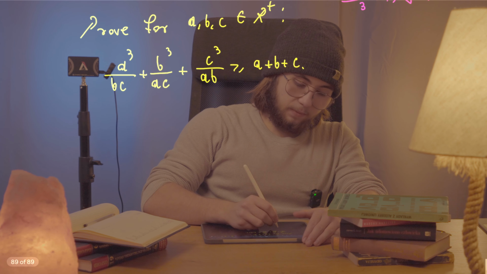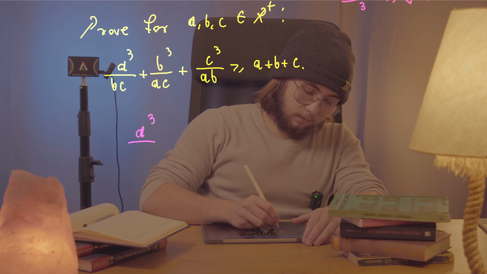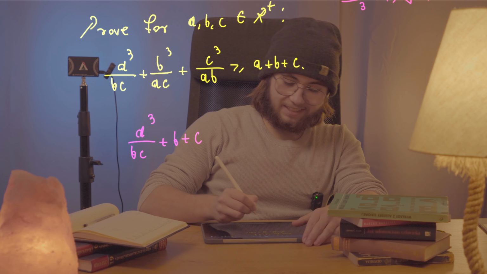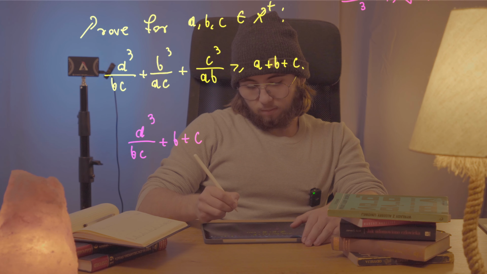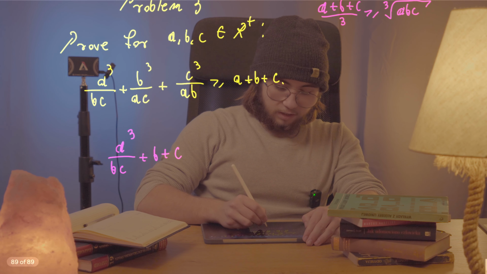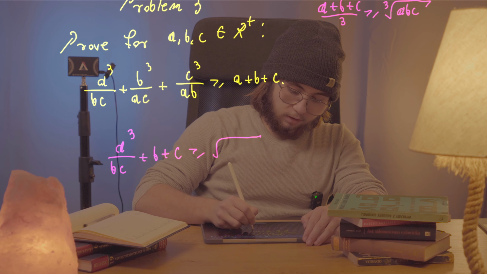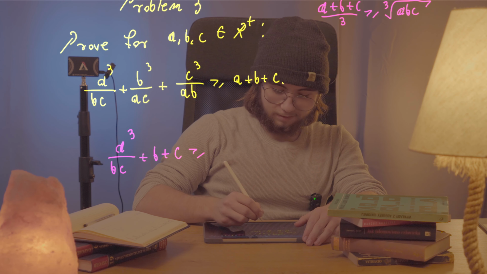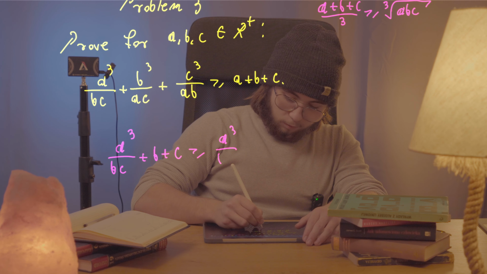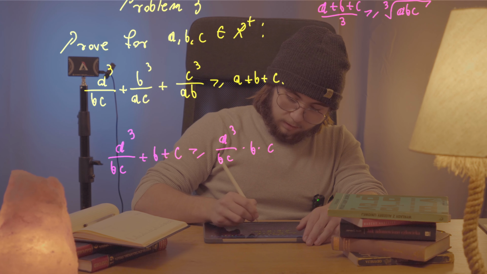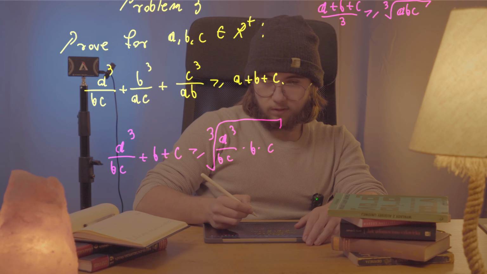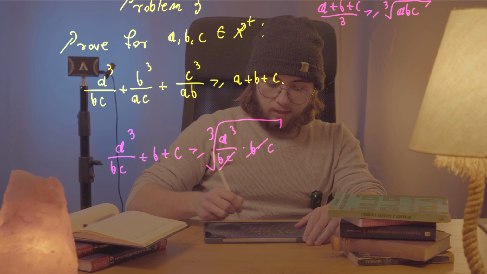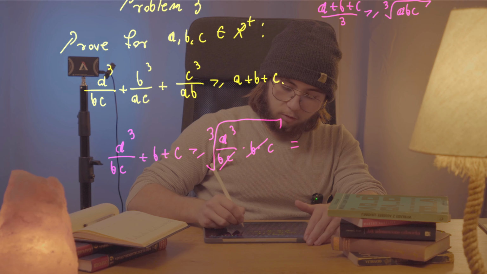Well, if I go on and add a cubed over bc plus b plus c, what I'm going to get is that this is actually going to be greater than or equal to the cube root of a cubed over bc multiplied by b and multiplied by c, and now the cube root applies. But those two cancel each other out. So this is going to be just equal to the cube root of a cubed, which is a.